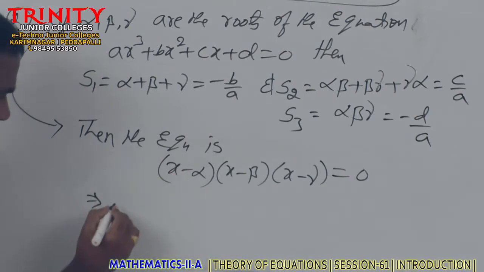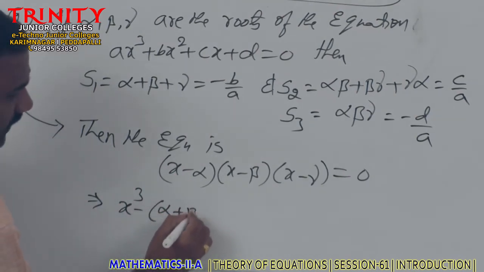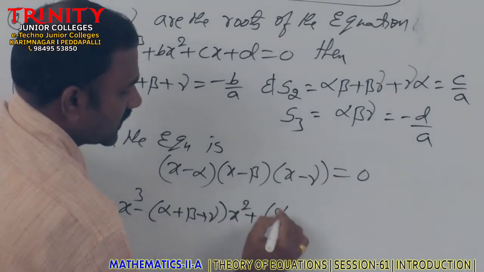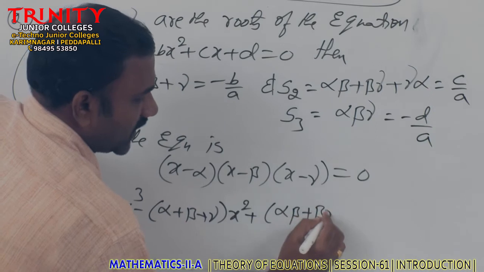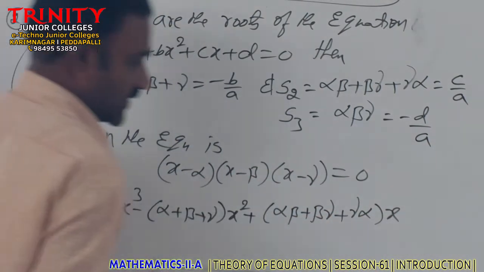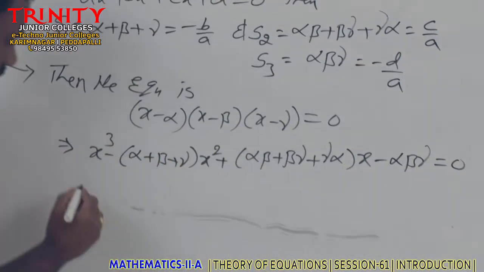If we multiply this, we will get x cube minus (alpha plus beta plus gamma) x square plus (alpha beta plus beta gamma plus gamma alpha) x minus alpha beta gamma equal to 0.